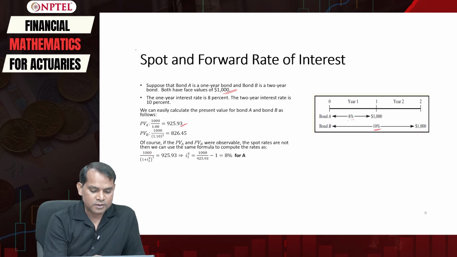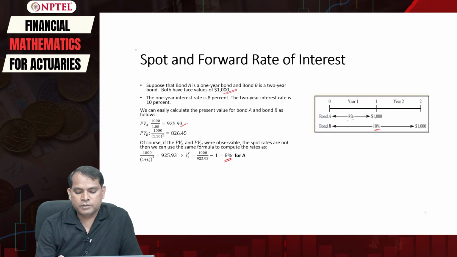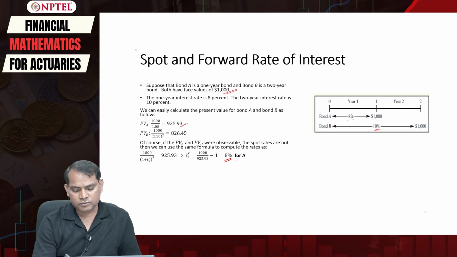So for our case, 1000 divided by 1 plus I1S to the power 1 is equal to 925.93, and then we can compute I1S, which is equal to 1000 divided by 925.93 minus 1, which will give us around 8%. Again it is rounded up, so it will come around 7.9 and something, and then we will round it to 8%. So this is for A.